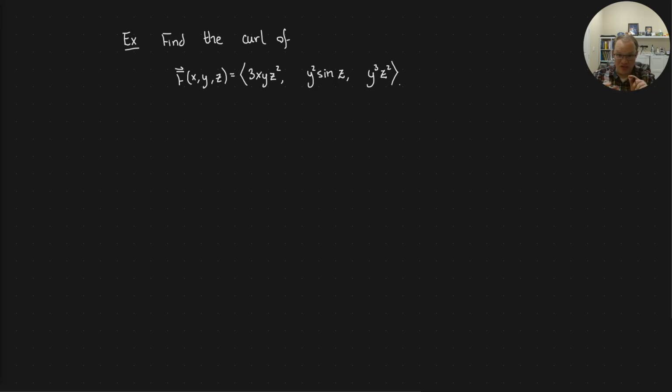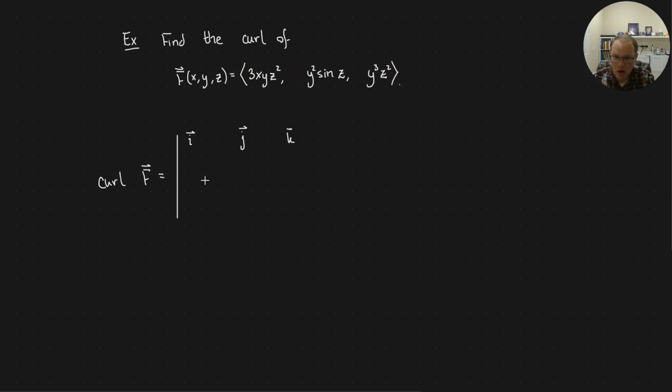Let's find the curl of this vector field. So we know the trick to setting up the curl of this vector field, right? To remember the complicated formula, we're going to take the determinant of the matrix, where the first row is i, j, k.